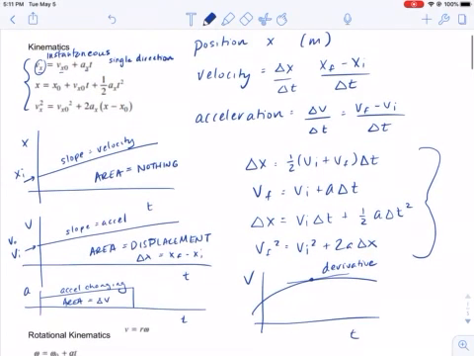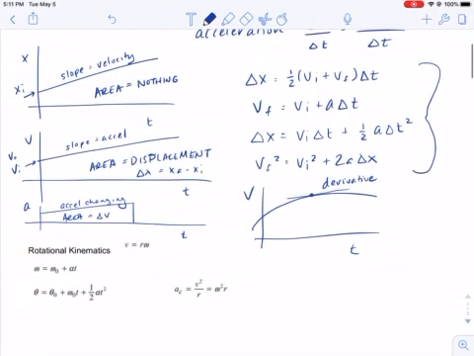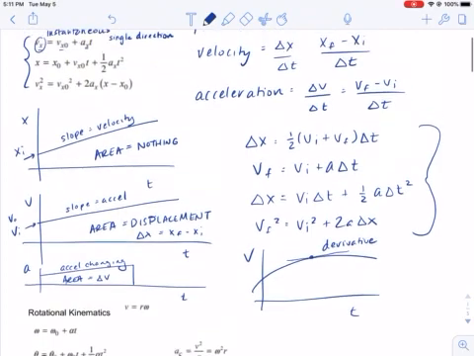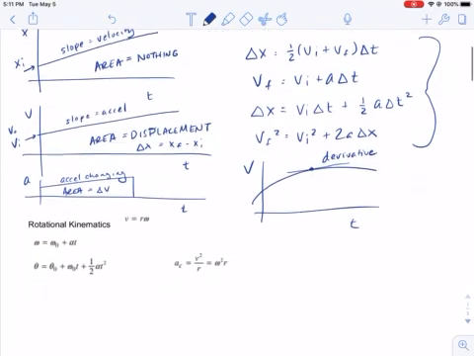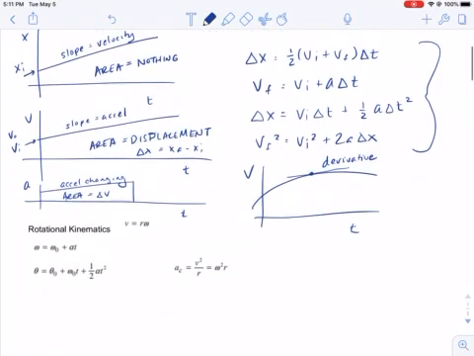So then later on in the course, we learned about rotating systems, and we actually have the same equations for rotating systems. On the equation sheet, they only give you, I'm going to change colors to indicate that now we're into rotation, one link between the linear quantity and the angular quantity.